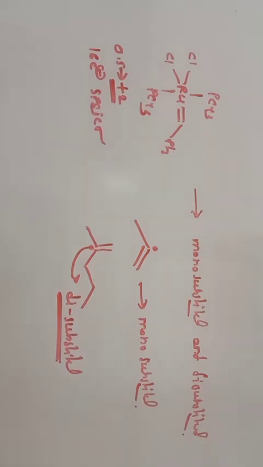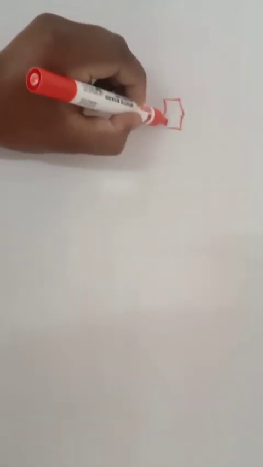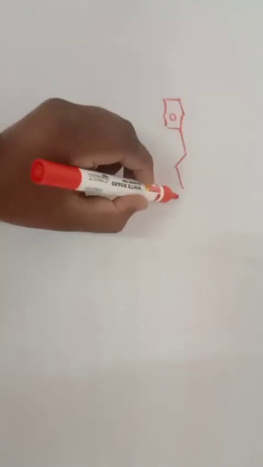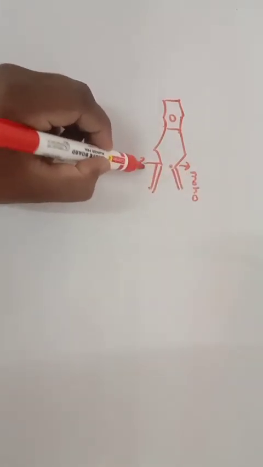Whenever there is a monosubstituted or disubstituted alkene, we can use this Grubbs first generation catalyst. Again, if you consider our example of ring closing metathesis, this is your example. In this case, this carbon is monosubstituted, and this is also monosubstituted.